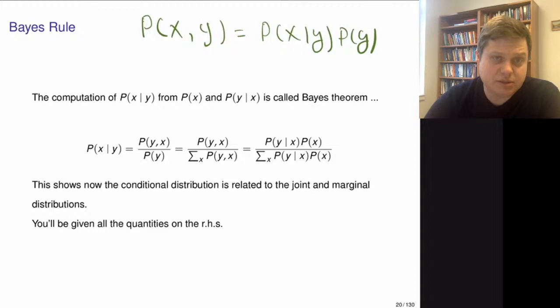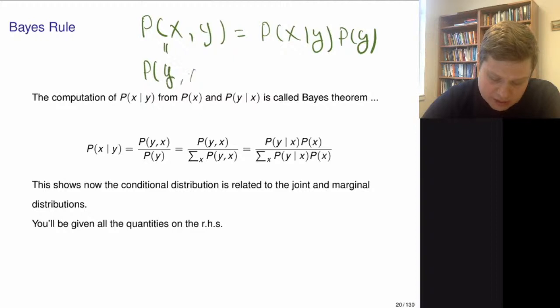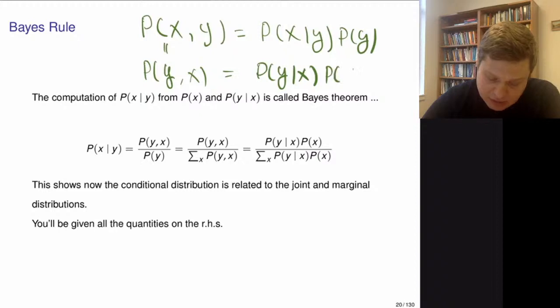And also there is a symmetry: the probability of x and y is the same as the probability of y and x. The joint probabilities are symmetric. And it's just the probability of y given x times the probability of x.